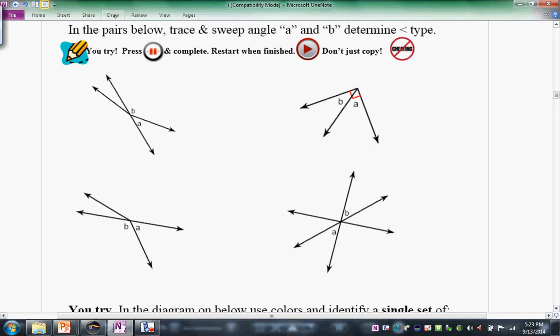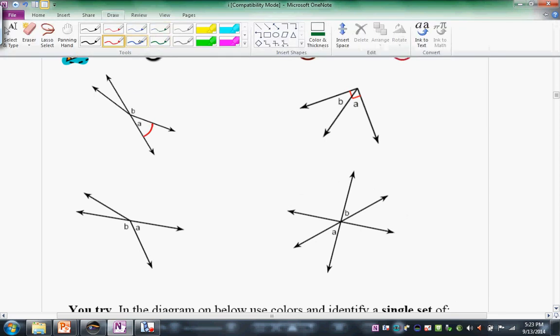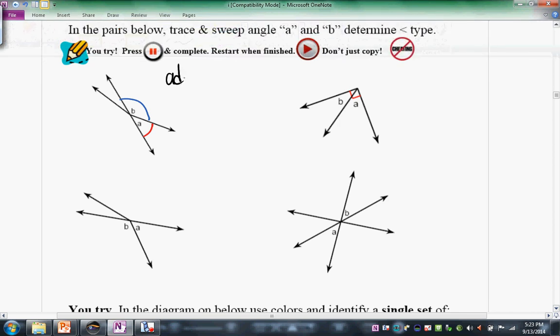Welcome back. Let's see how you did. So if we sweep A and we sweep B, you see they're back to back, so we know they're adjacent. But they also add up to 180, so we know they're supplementary. And they share a spine, make a line, we know that they're a linear pair.